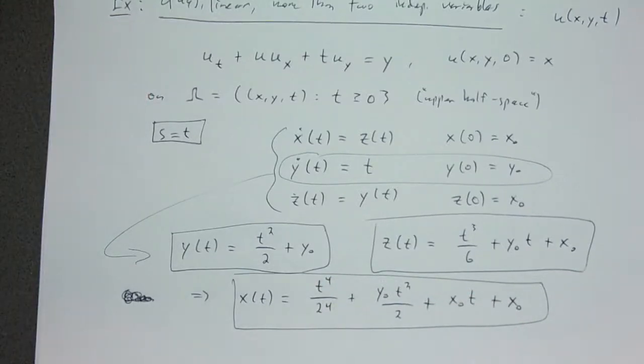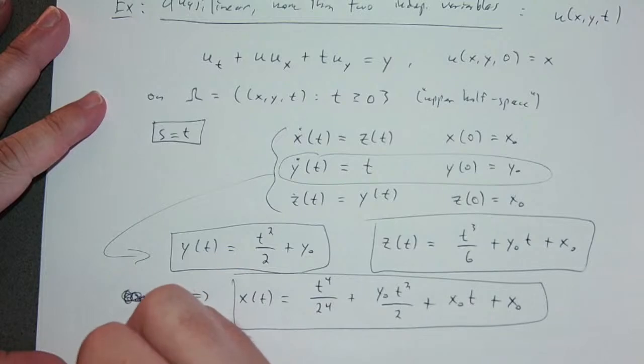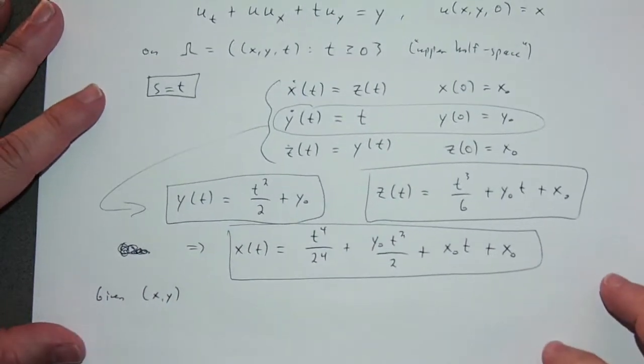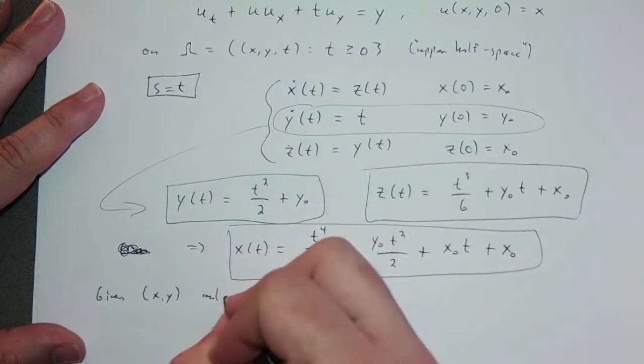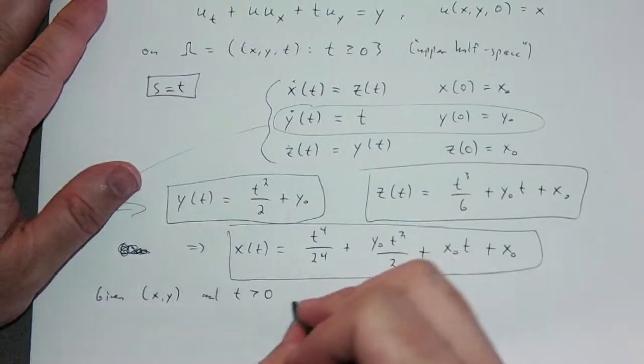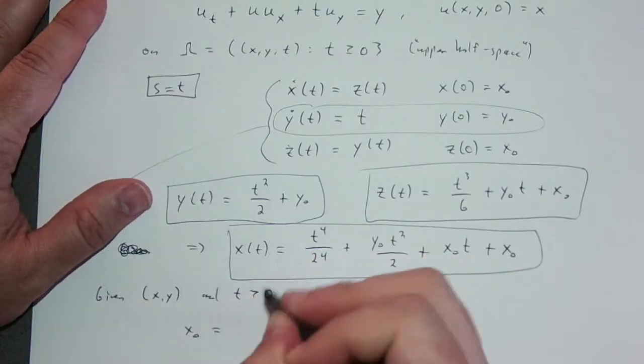Now you can check algebraically, right? So given completely generic x, y, and t greater than 0, we can solve for x naught and y naught.